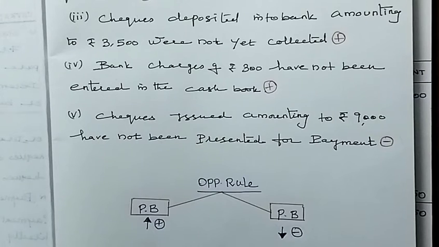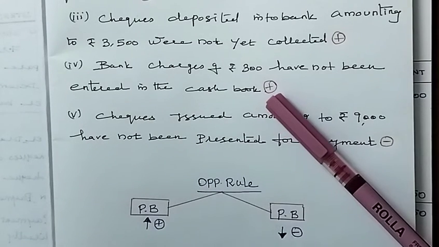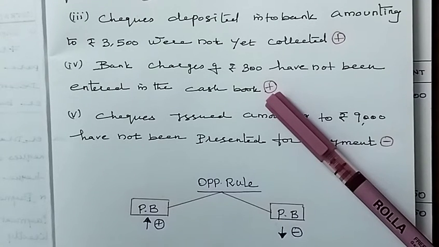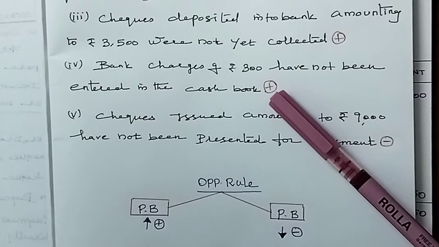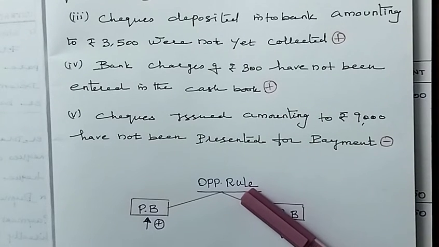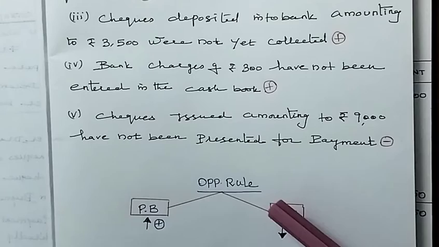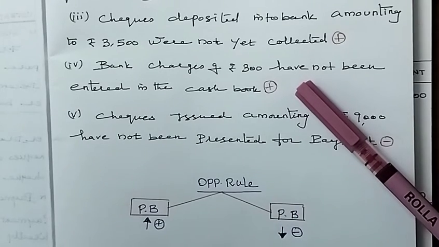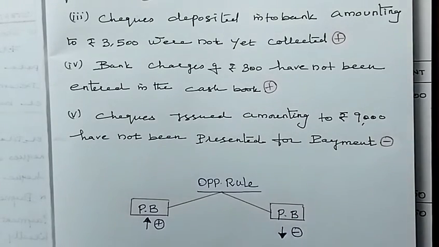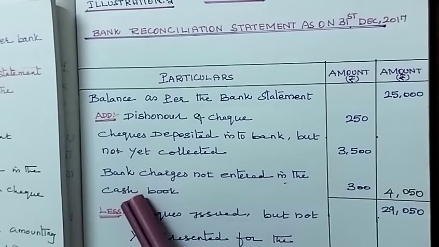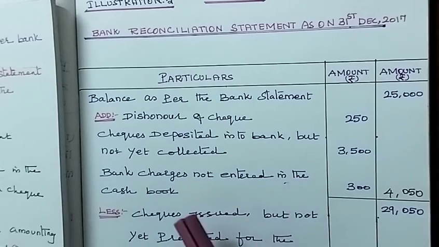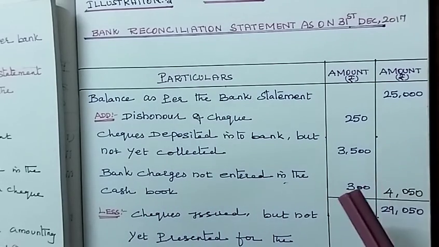As for that, here 300 rupees is decreased in the bank passbook, so as per the opposite rule, that 300 rupees is to be added. So in the add column we have to write bank charges not entered in the cash book, and 300 rupees is entered in the inner amount column.